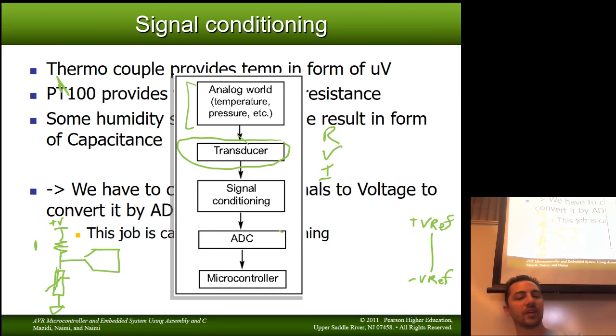The choice of resistance value here is going to matter, because depending on what resistor you choose, you're going to have a different swing. So you have to look at the minimum resistance, R min, and the maximum resistance, R max, and figure out what that voltage divider is going to provide, depending on your resistance.